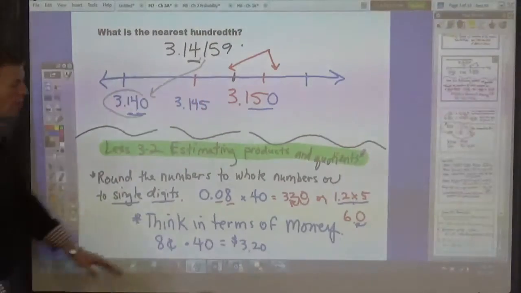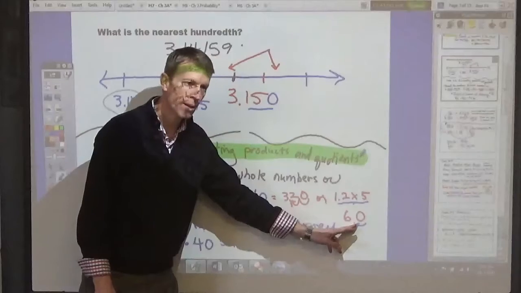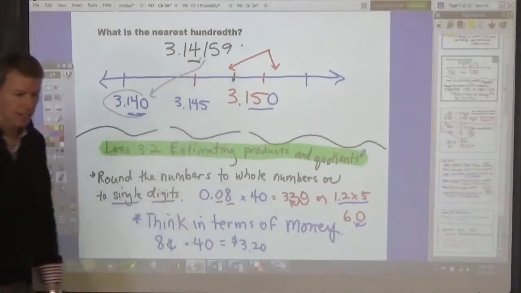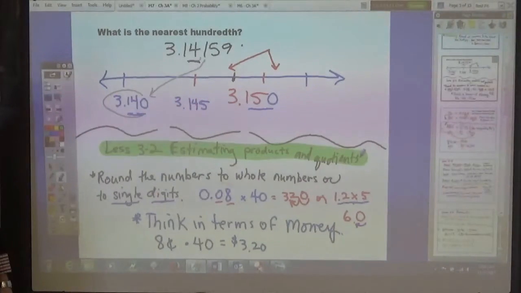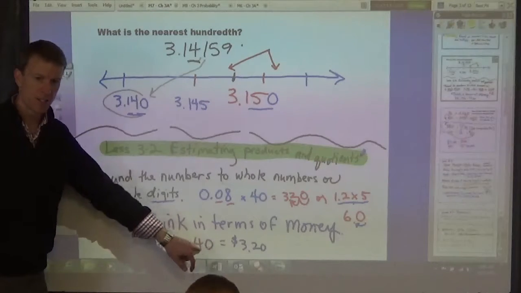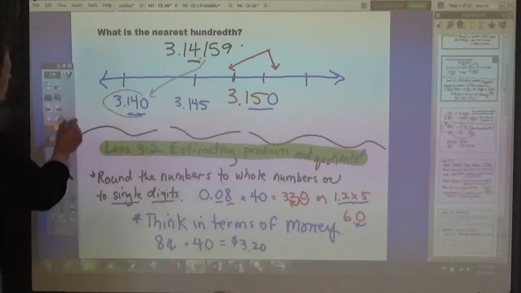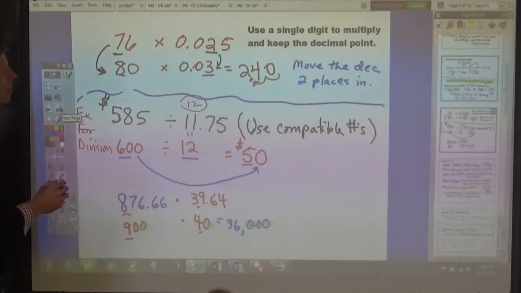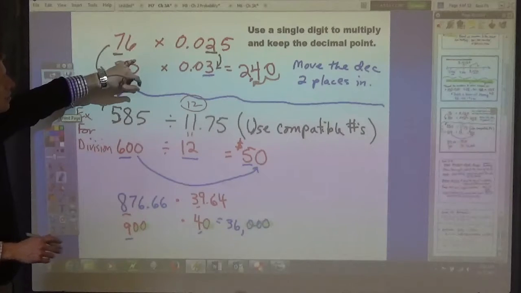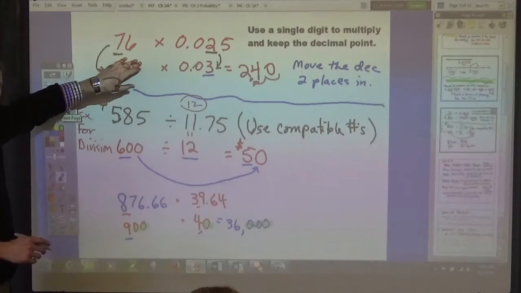Or you could leave it as 12 times 5 and then put the decimal point in and get 6. Okay? Using money or thinking of money is a good way to think about multiplying and dividing with decimals. Alright? So, what we're trying to do is single-digit multiplication and then moving the decimal point in.